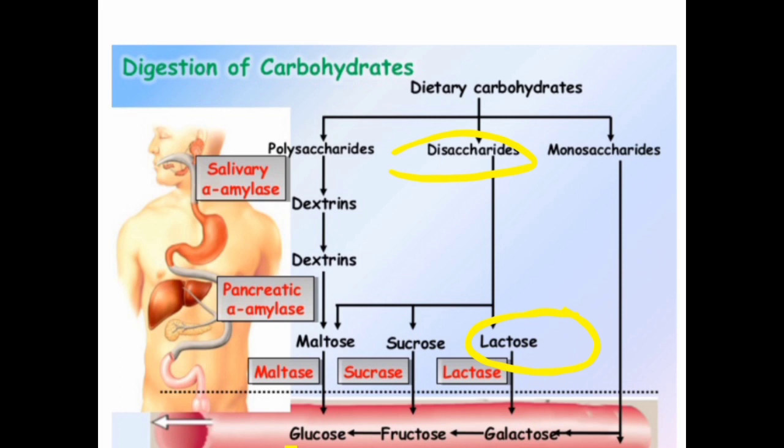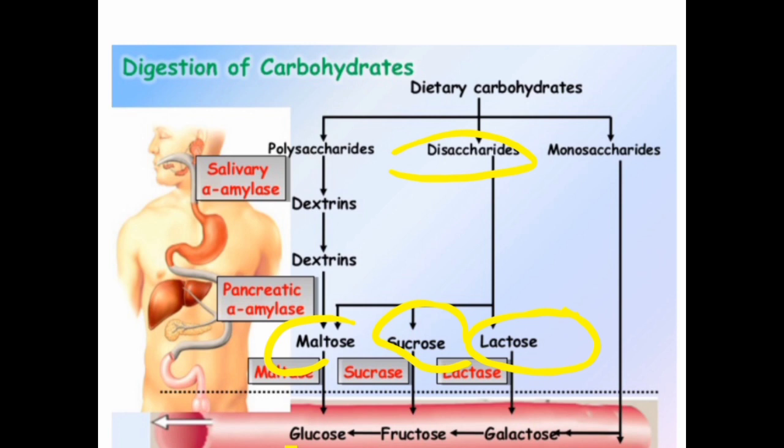It may be maltose and sucrose, it may be maltose and lactose, it may be sucrose and lactose that are put together to form that unit. So with every one of them, either maltose, sucrose, or lactose are broken down straight to what? They are breaking down straight into either glucose or fructose or galactose.